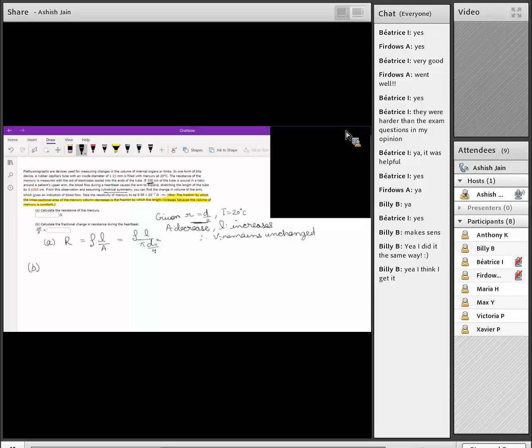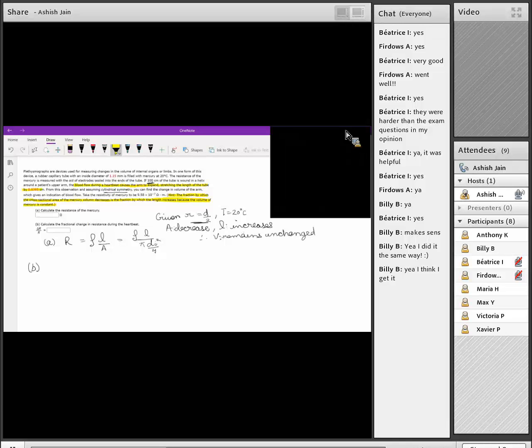It says calculate the fractional change in resistance during the heartbeat. So let's read the question again. What happens during the heartbeat? If 100 centimeter of the tube is wound in a helix around a patient's arm, the blood flow during a heartbeat causes the arm to expand, stretching the length of the tube. So during the heartbeat, length expands. That means your resistance changes, not resistivity, your resistance. Then you have to find the fractional change in resistance during the heartbeat, how much it changes due to your length changing.